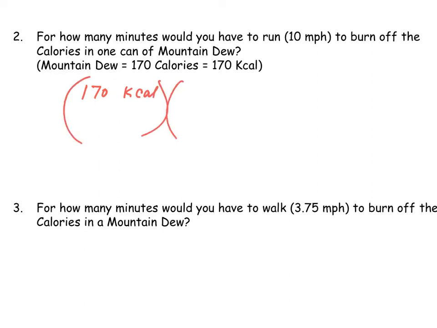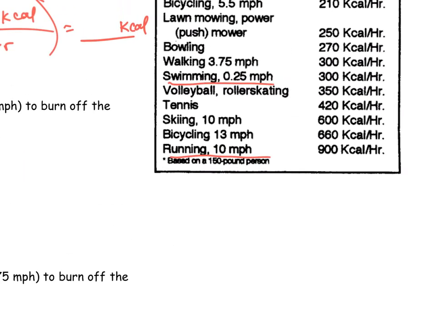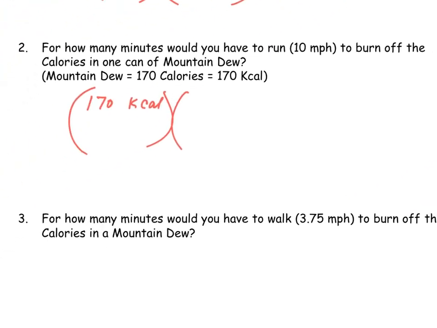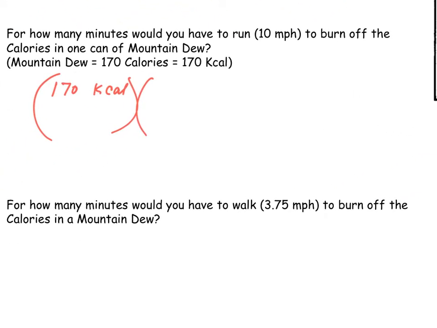And we are running at 10 miles per hour. Let's look up how many kilocalories. Running 10 miles an hour burns 900 kilocalories per hour. So I want to put that on the bottom: 900 kilocalories, or food calories, per 1 hour.